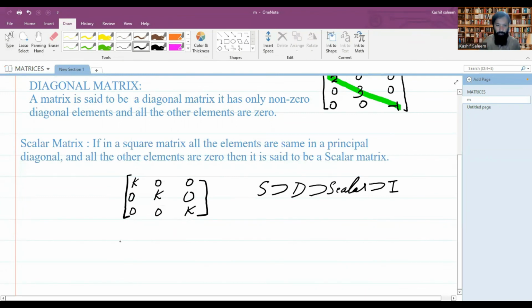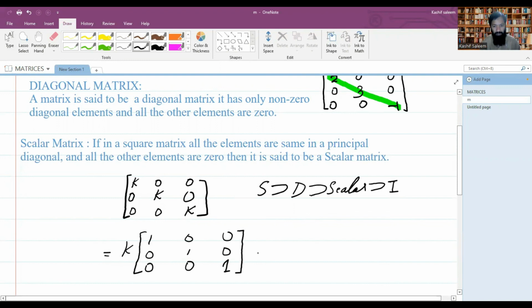If you take k common from this matrix, now take 1 0 0, 0 1 0, and this is 0, 0, 1. So this matrix is called identity matrix. So this is k times I. Identity matrix is a scalar matrix in which all the diagonal elements have the same value, which is equal to 1. So if k is equal to 1, then a scalar matrix is known as identity matrix.